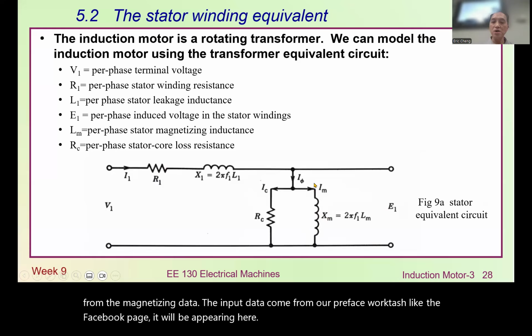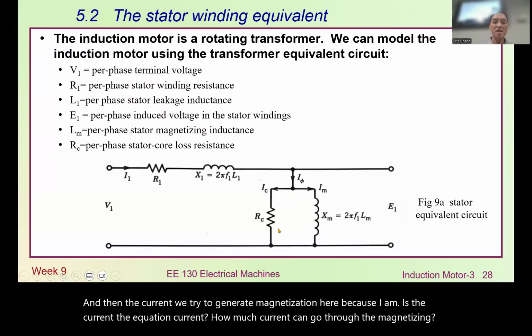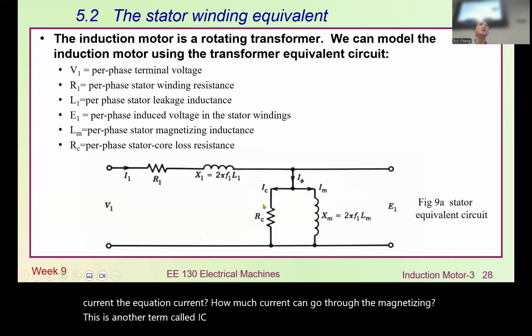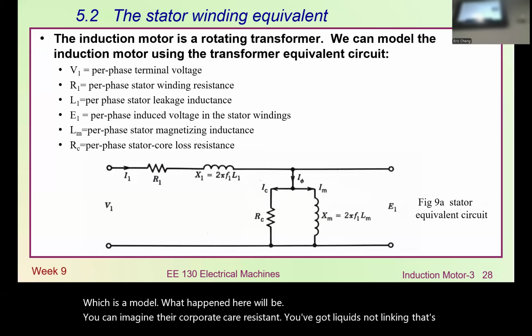And then the current that generates the magnetization here is Im, the equivalent current, how much current can go to the magnetizing. There's another term called Ic. As I mentioned, similar to a transformer, this current is not really measurable with just a model. You can imagine the copper resistance here, and the leakage not linking the main core.